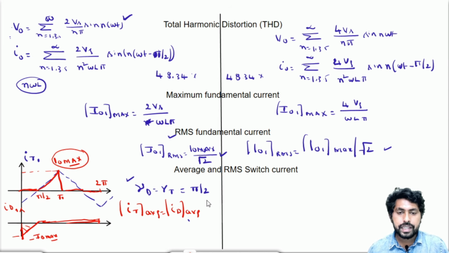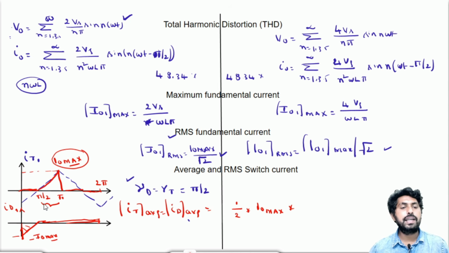So how to find the average value? The area will be half into I naught max into the conduction period, pi by 2 to pi, that is T by 4.